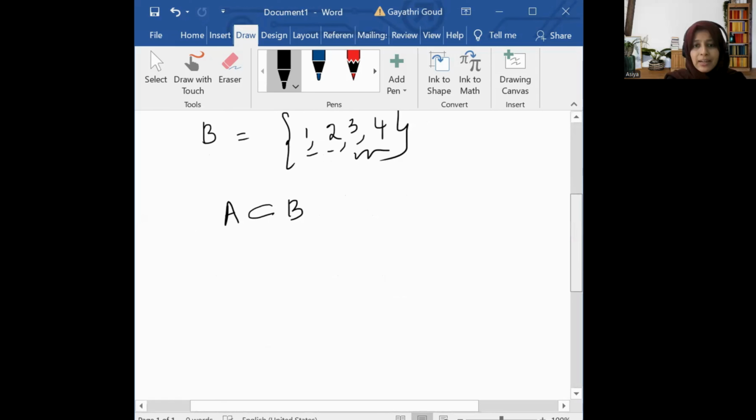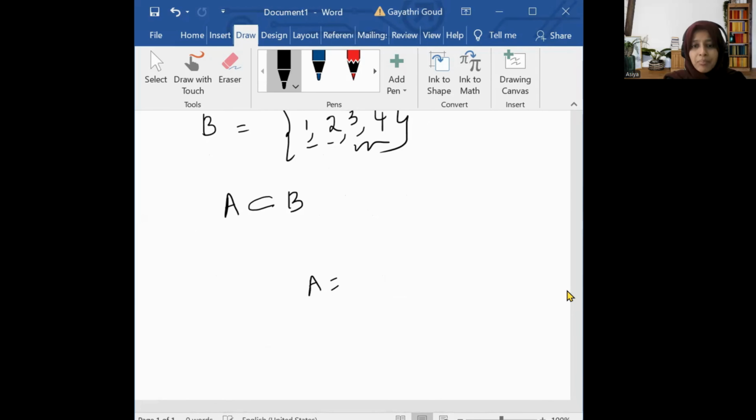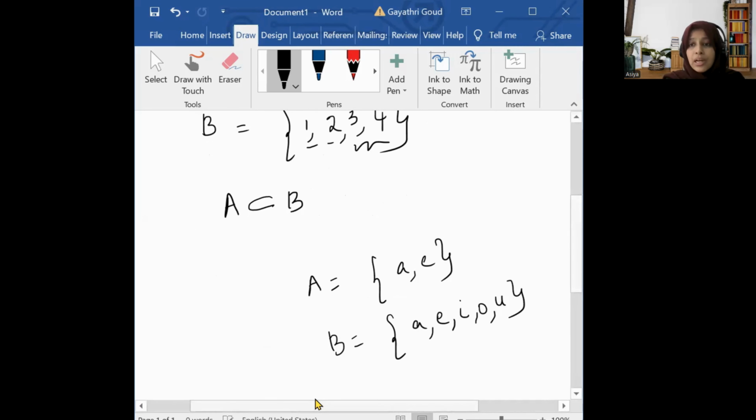Now, let us take an example. I'm taking the letters A and E in set A. In set B, I'm taking all the vowels of the English alphabet: A, E, I, O, U. Now, how can I represent it? If you notice, A and E are present in B as well. So the elements of set A are present in set B. So I will call it A is a subset of B and B would be my superset.